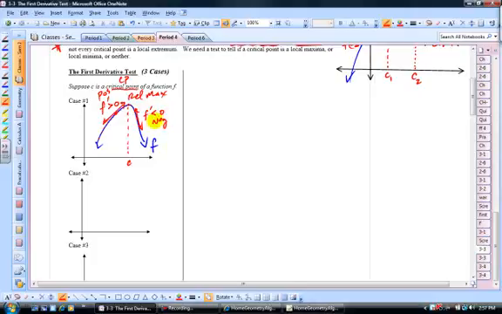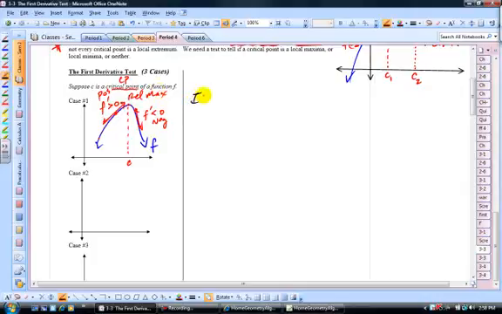So the first derivative can give us a lot of information. It can tell us where the function is increasing, where the first derivative is positive, and where it's decreasing, where the first derivative is negative. Now, if there's a change in sign like what we have here, we have either a relative max or min. In this case, we have a relative max, because if a function goes up, increasing, and then hits some maximum point and then comes back down, it's got to represent a relative max.